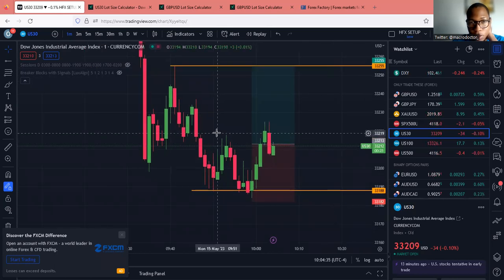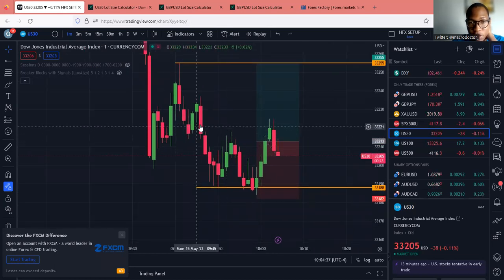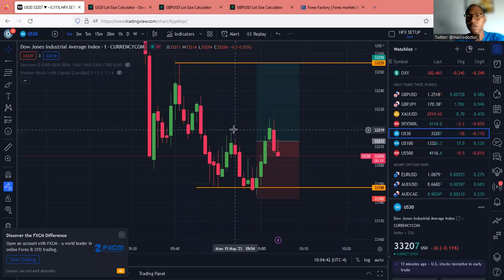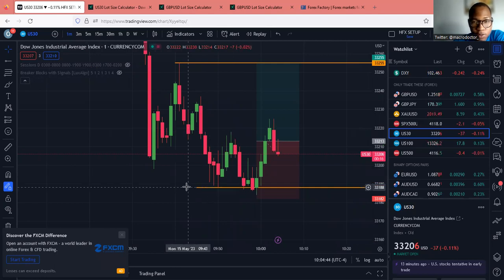Here's something else that could happen, because I just noticed there's a fair value gap here actually. And this would be our low. So we're actually valid for the sell.